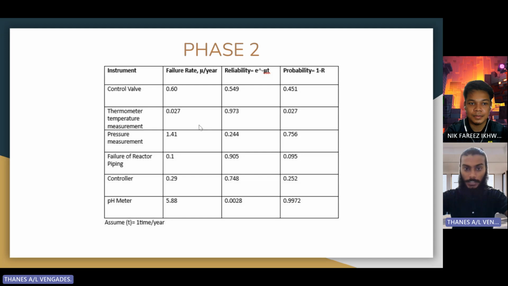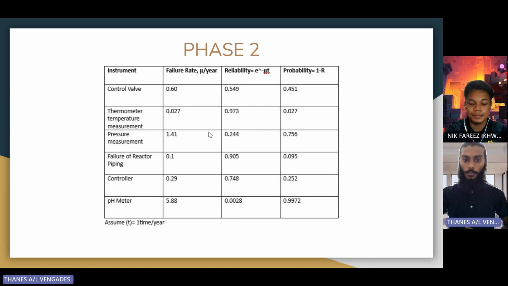For thermometer temperature measurement, the failure rate is 0.027, the reliability is 0.937 and the probability is 0.027. For pressure measurement, the failure rate is 1.41, the reliability is 0.244 and the probability is 0.756.